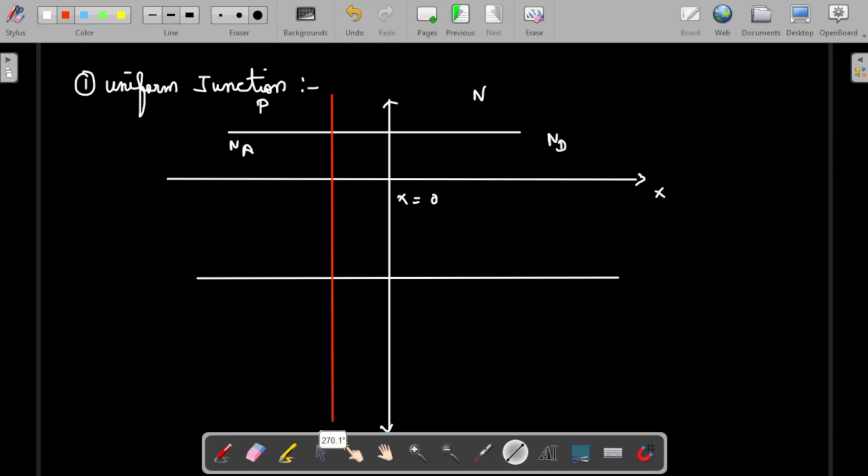So this is the depletion region. So this is the region.